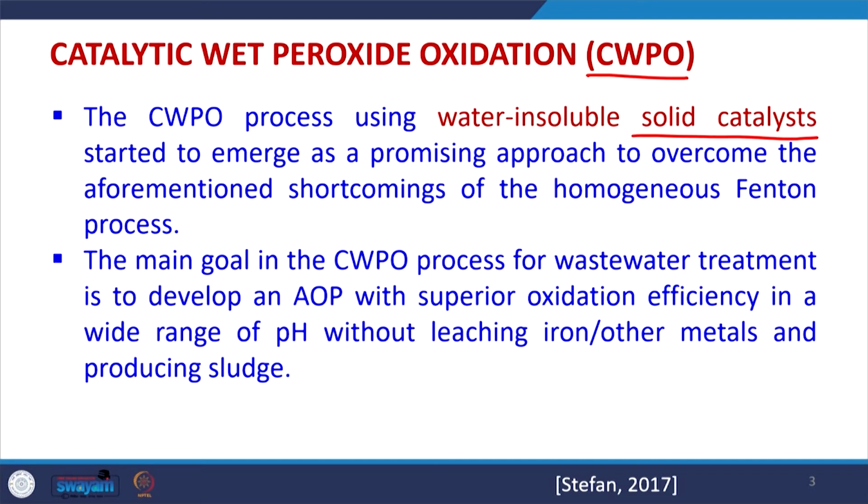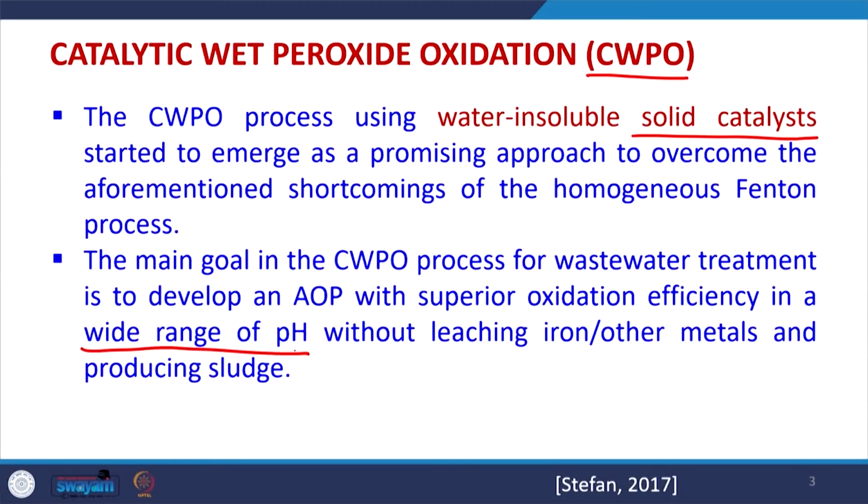Similarly, in the heterogeneous Fenton reaction also, we can use the Fenton technique only up to a certain pH, and generally it is applicable in the acidic range. This technique can be used at other pH conditions also, so it may be used for treatment of water over a wide range of pH.